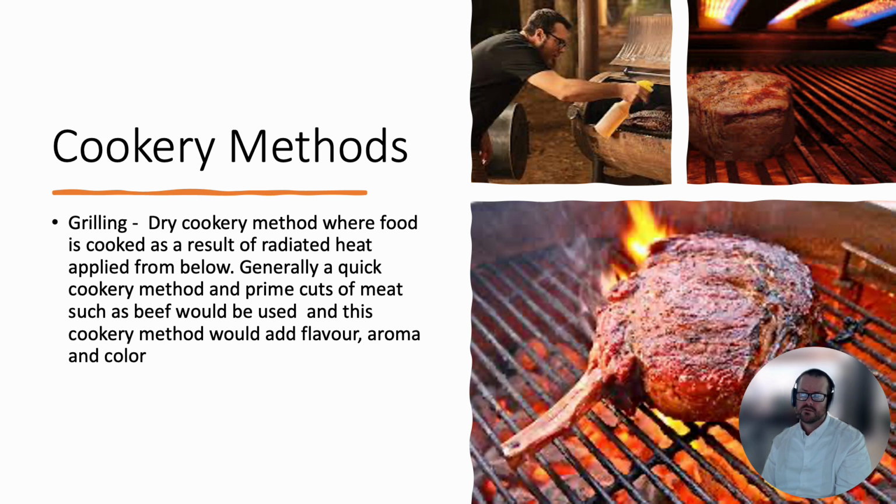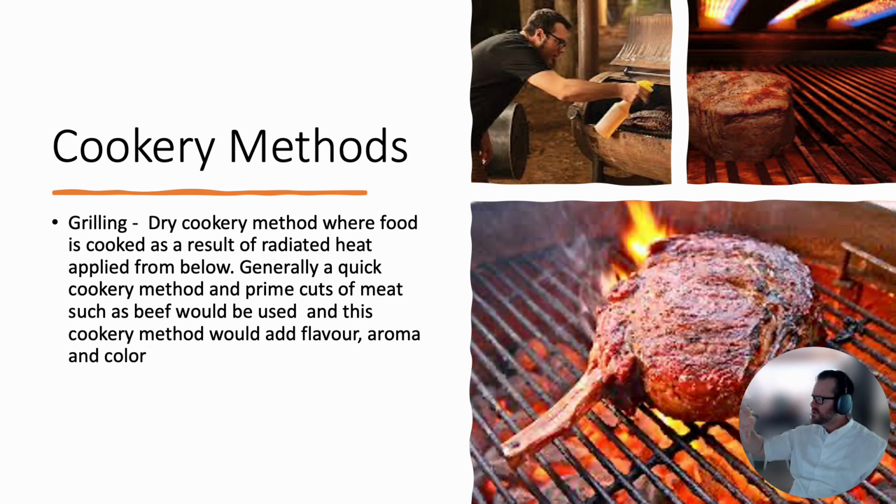Grilling. Cool. You can see our guy up there who's known for his grilling. I think he looks like Seth MacFarlane. Some people say that's not right. Grilling can be a couple of different methods. You can have top-down grilling, you can have bottom-up grilling, or you can have both. It's generally a dry cookery method, and it's radiated heat. Okay.